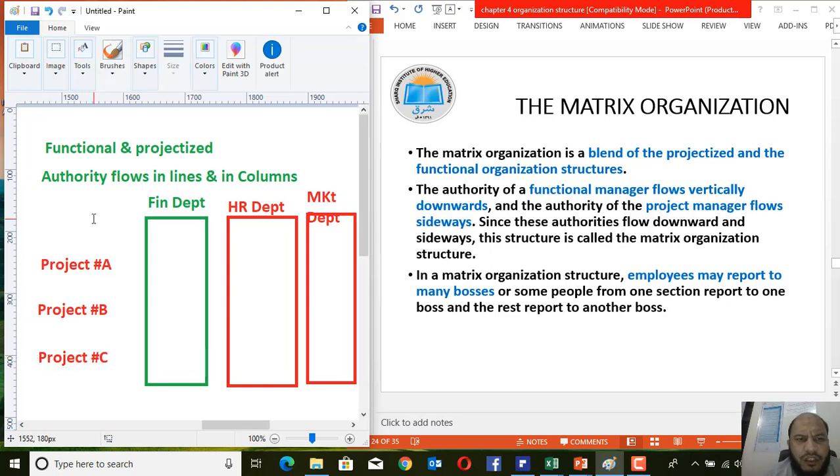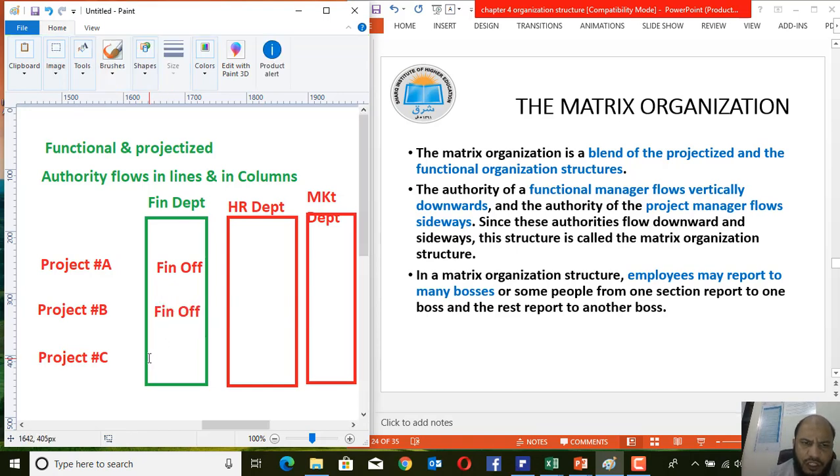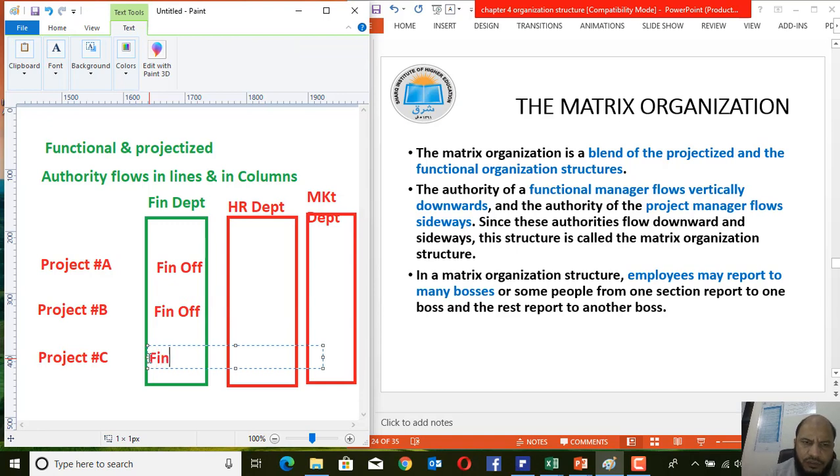See, project A will have an employee with the title finance officer, project B also has a person titled finance officer, and project C also has a finance officer.